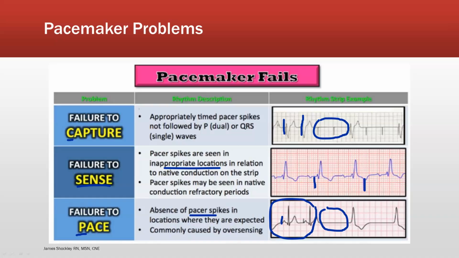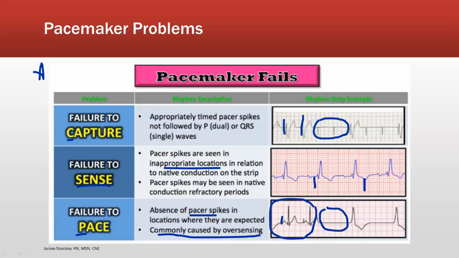All right, so the heart's not going, and the pacemaker is not going. This could just mean that your pacemaker needs to get interrogated, but it could potentially mean that there are other bad things going on as well.